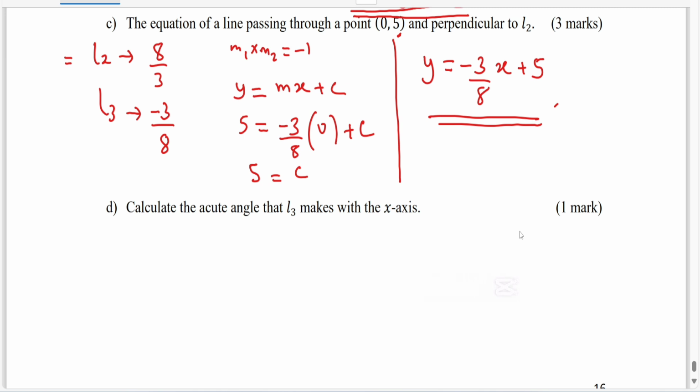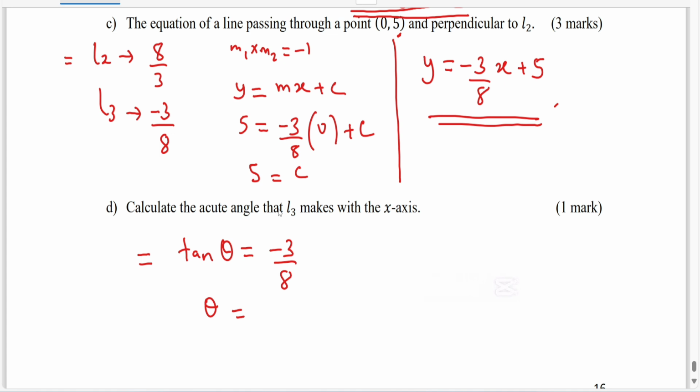Calculate the acute angle that L3 makes with the x-axis. This is very easy. It is just saying tan theta equal to your gradient, and your gradient is -3/8. Since it's an acute angle, you ignore the negative, because if you include the negative it would give you an obtuse angle, which is not the case.